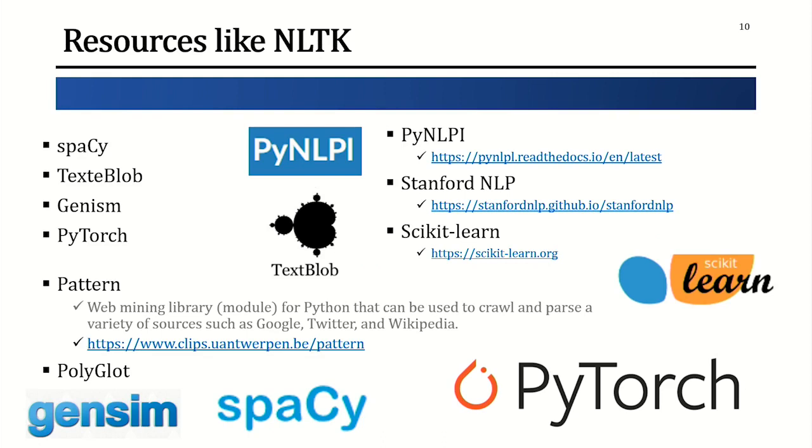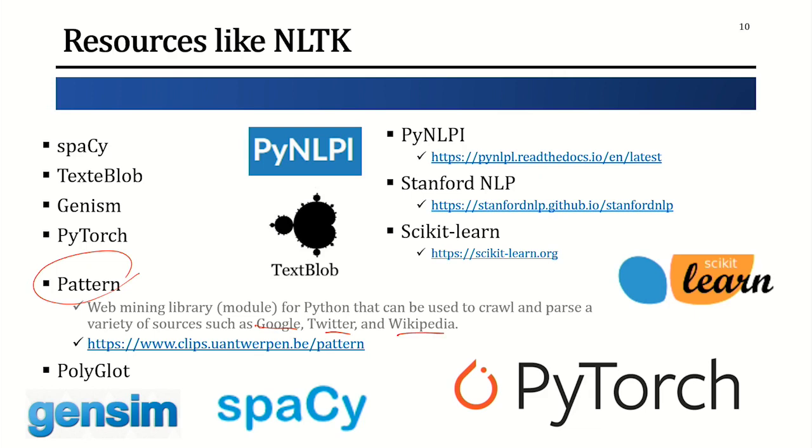So in addition to what we have briefly talked about in the previous slide, we have some other resources that can be used to perform NLP using these kinds of libraries. We have Pattern here. When we want web mining libraries for the Python language, which can be used to crawl information as well as parse a variety of sources such as Google, Twitter, and Wikipedia data, we can use this library to retrieve that information online.